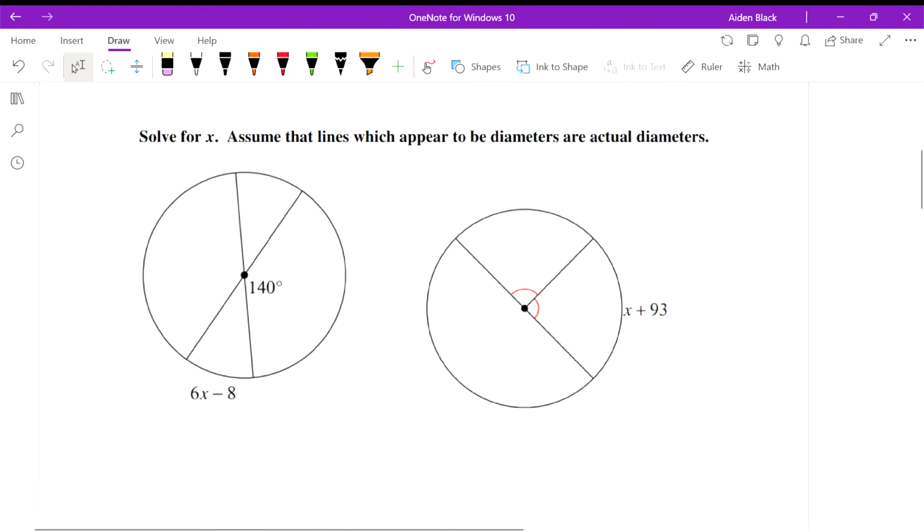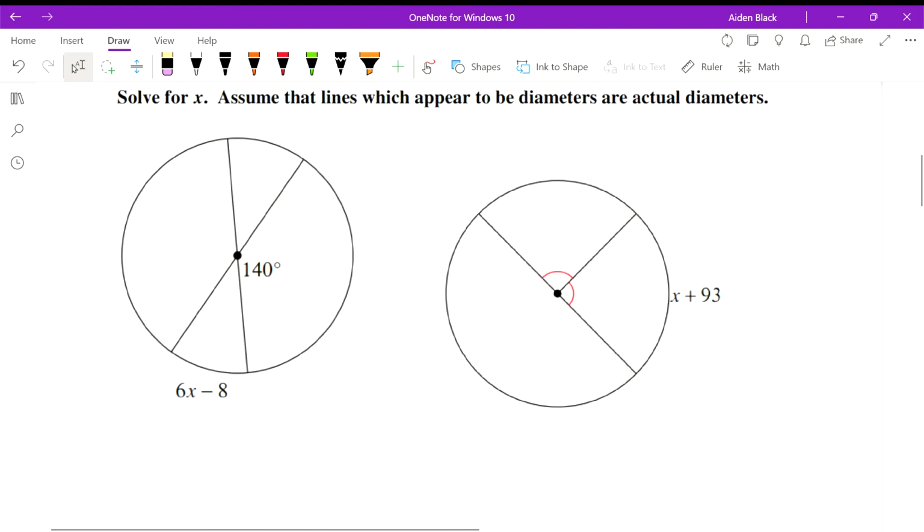Okay, let's go through these real quick. Again, assume the lines which appear to be diameters are actual diameters. So just looking at this, right here, we know that all of this is 180. And if this is 140, then we know to get to 180, this must be 40.